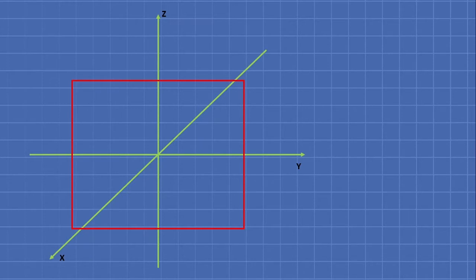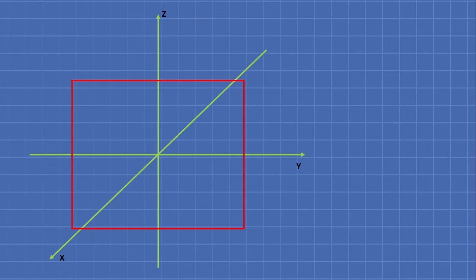We will discuss each of the three planes, how it moves around and how it defines a line and a point. The first plane that we are considering is this red one, which is spread infinitely and will always be parallel to the YZ plane.